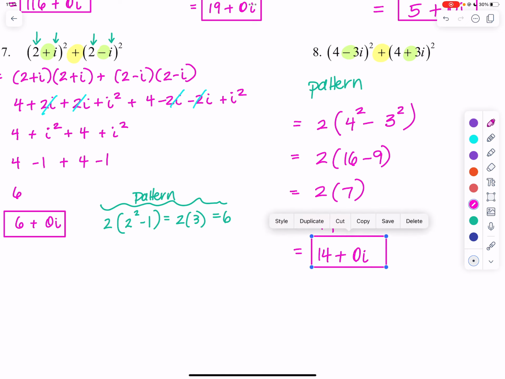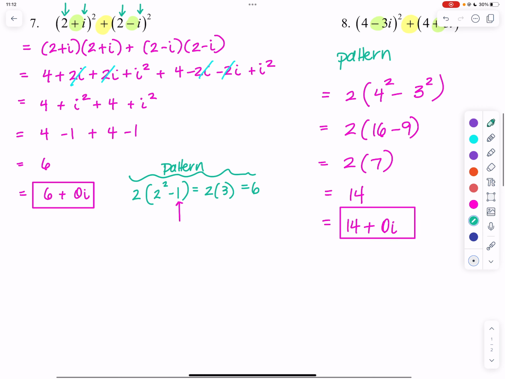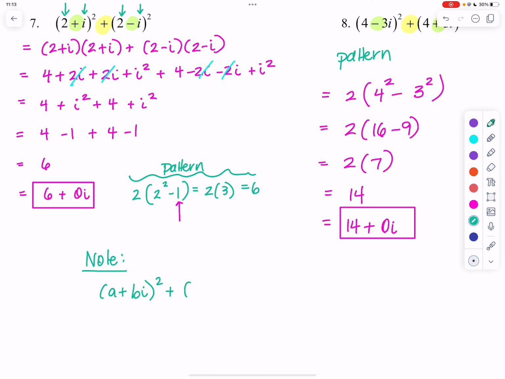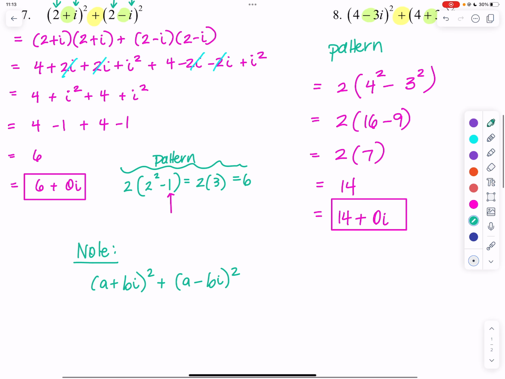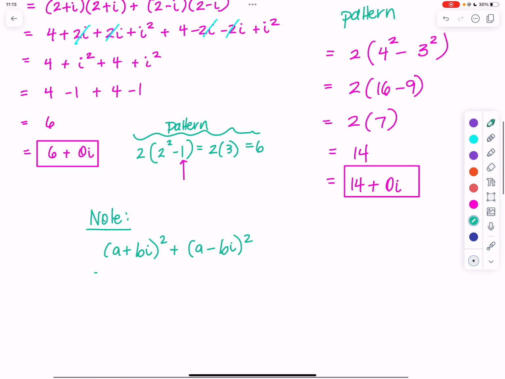Now, you might be wondering about this pattern right here. And that 1 was because it was 1i squared. So we could also write this pattern that if we have a plus bi squared plus a minus bi squared, which is what we have, complex conjugates squared added together, we are going to get twice a squared minus b squared.